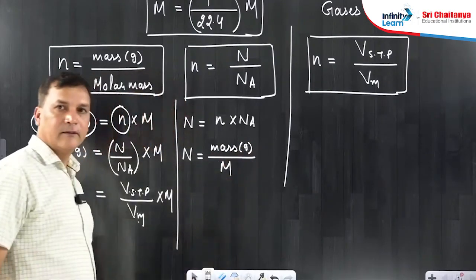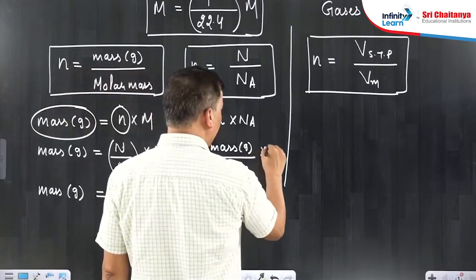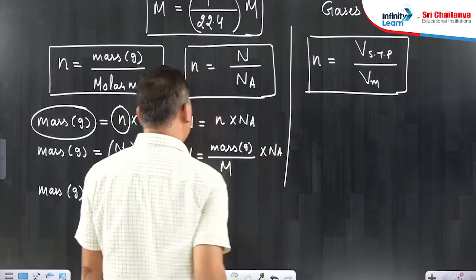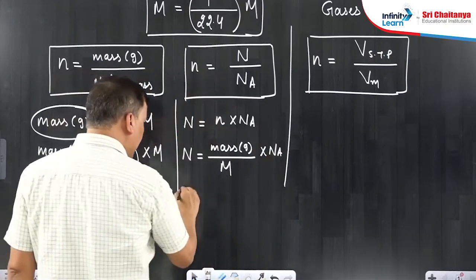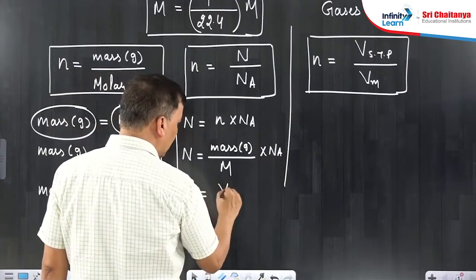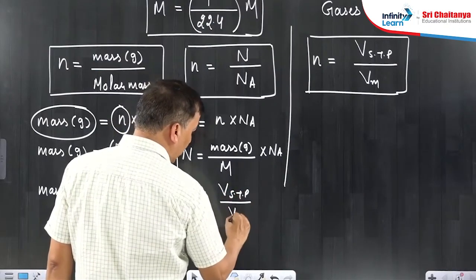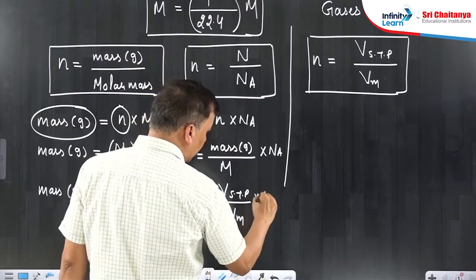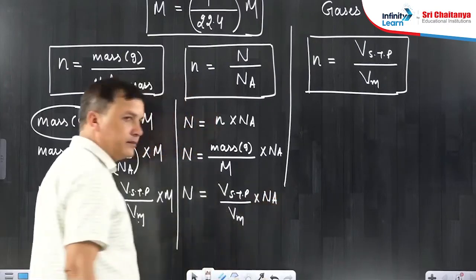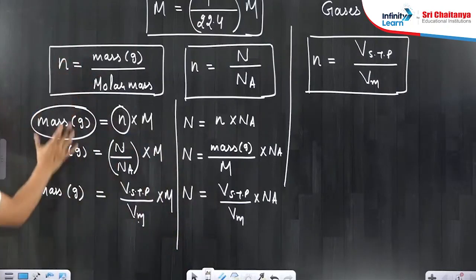Molar mass. These are the number of moles into what? Into Na. Number of particles if we have to find out, that is equal to what? Volume at STP upon molar volume into what? Into Na.